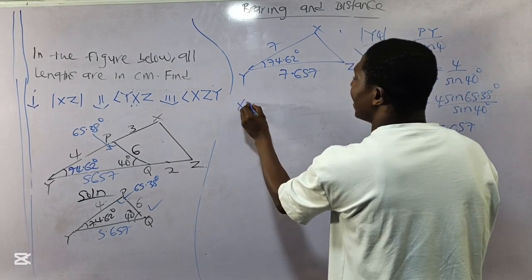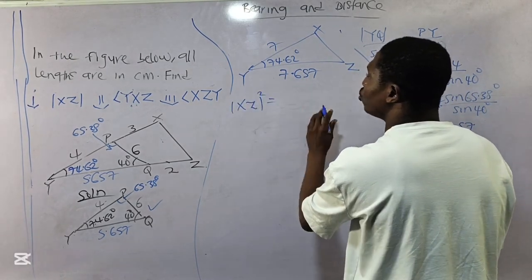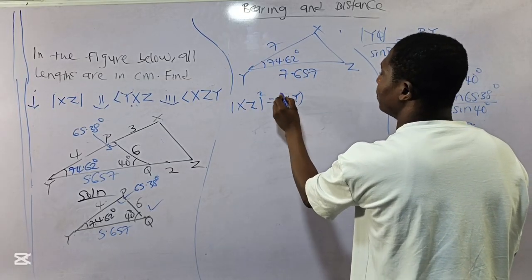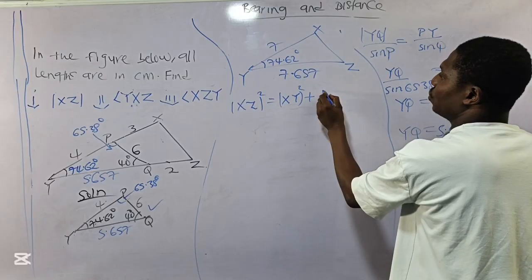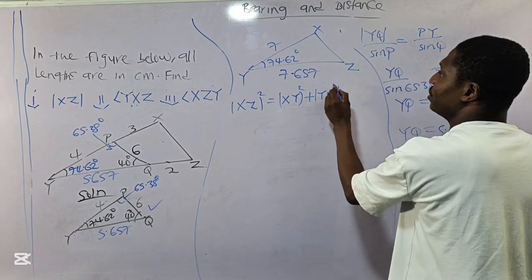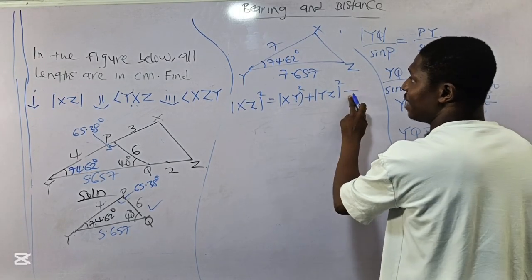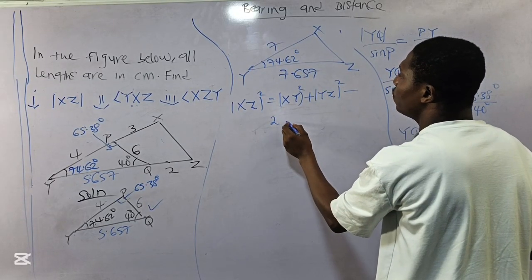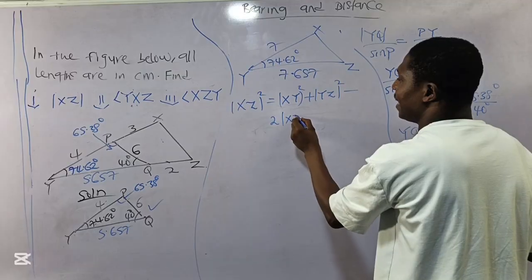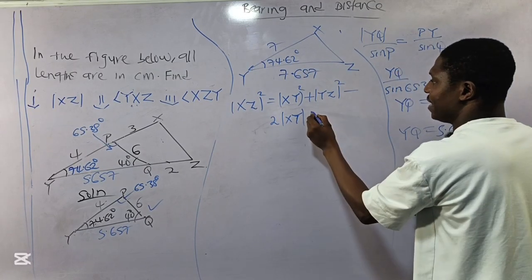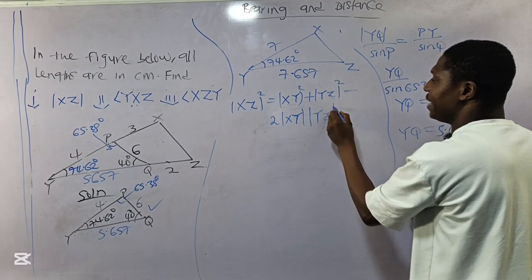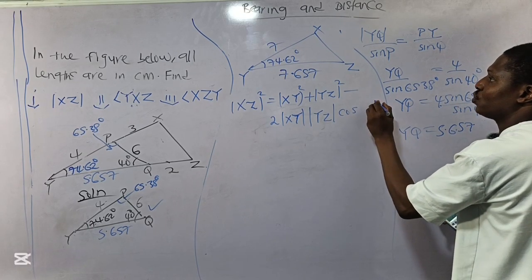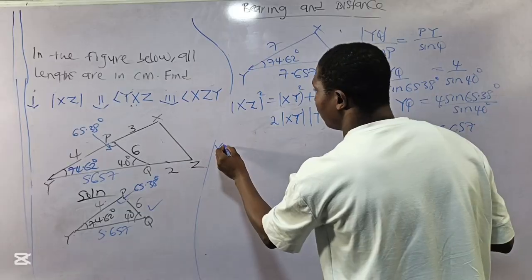Cosine rule. So I have my SZ squared equals XY squared plus YZ squared minus, because the angle in between is less than 90, 2 in brackets XY in brackets YZ cos of angle Y. Now I'll put my values.